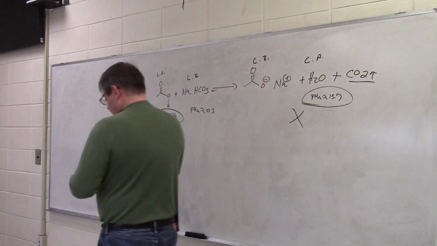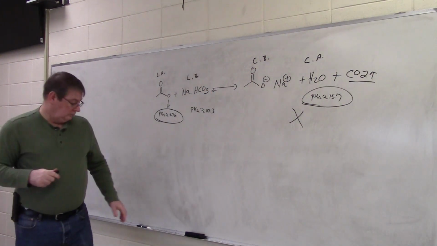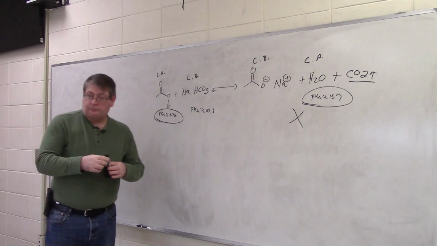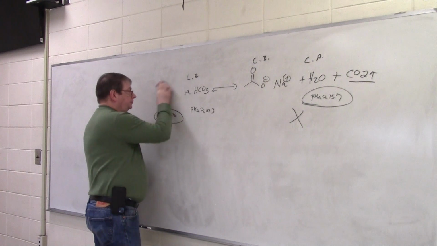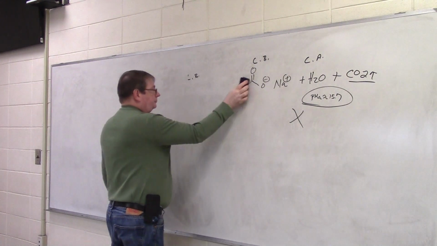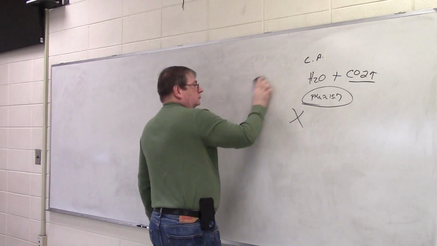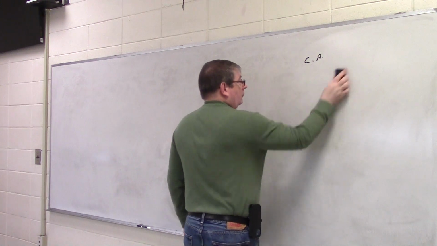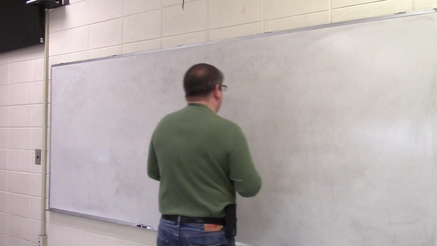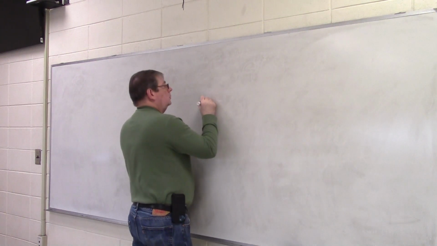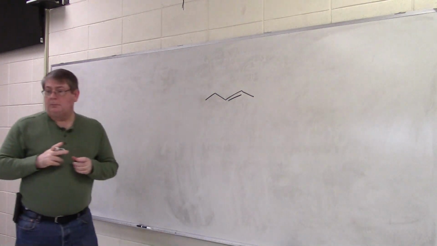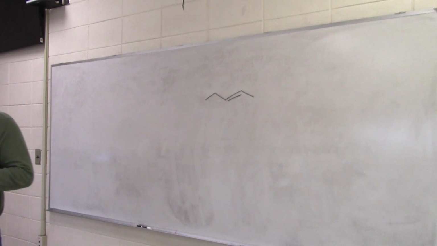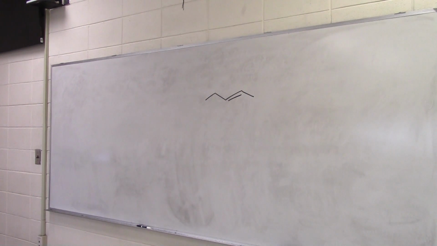Okay, and then my next question is the EZ system or the cis-trans, whenever you are looking at it in like a line-angle formula, just go back over the first steps, like when you see the alkene and then you are looking at the sides that are cis and trans.